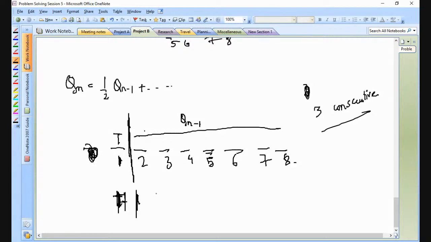I'm saying this is the case where the initial place has a head. So consider it to start with the head. The second position can be head, but the third position can't be a head, right?